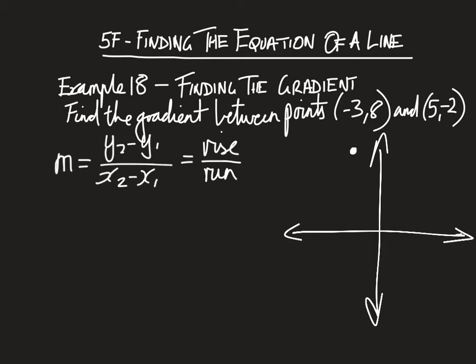I'm going to draw a dot there. The point 5, minus 2 is approximately down here. And I'm going to join those up with a line. And actually, I should label it, shouldn't I?